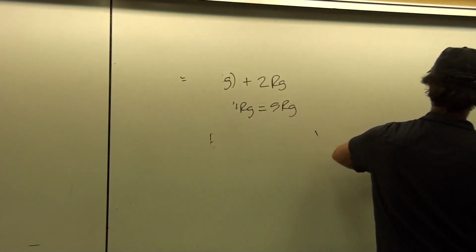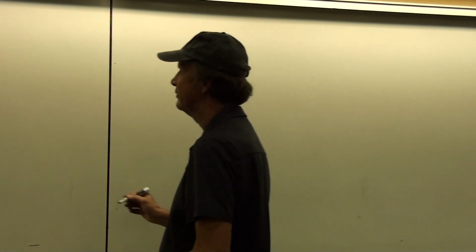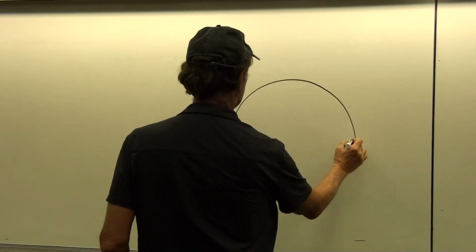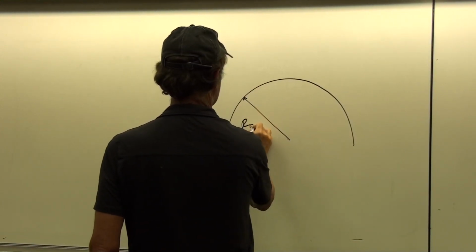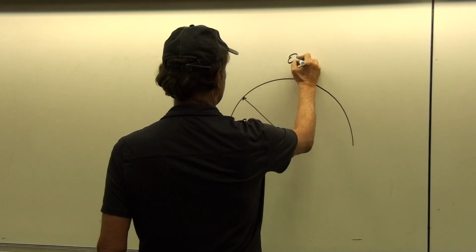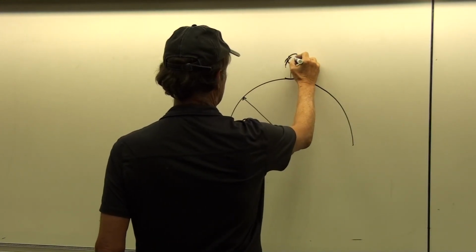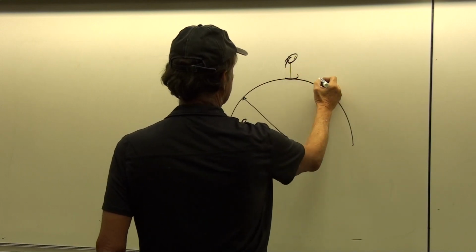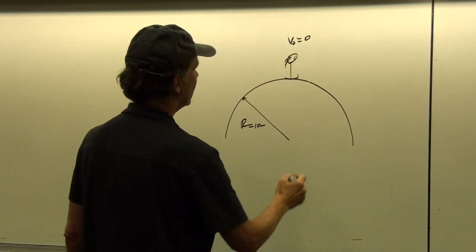This next example, let's say we have a woman skiing down a hemispherical hill with no friction. And let's say that the radius of the hemispherical hill is 10 meters. She starts from the top and has an initial velocity of 0 at the top.